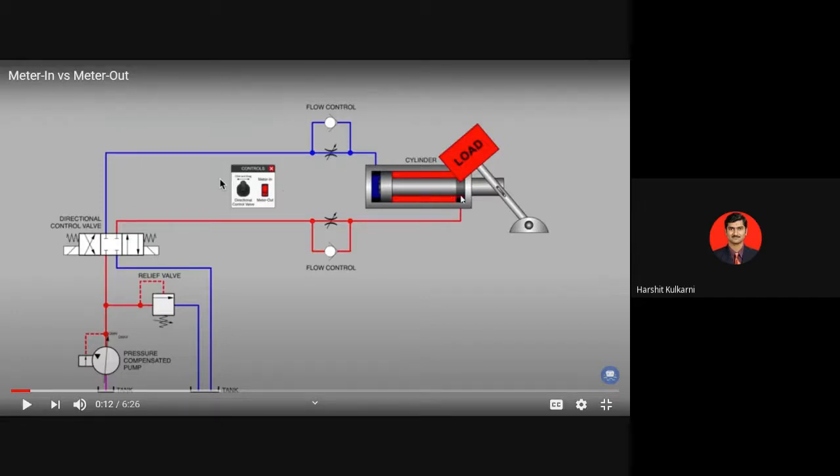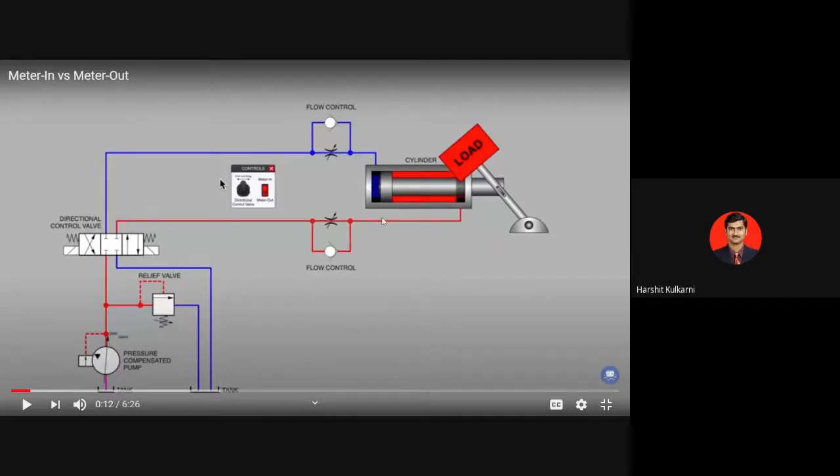Similarly, if you see the outlet of this actuator, the oil from the rod end has to go back to the tank. This entire hydraulic actuator is filled with oil, so oil from here will be let out. It will have a free flow.